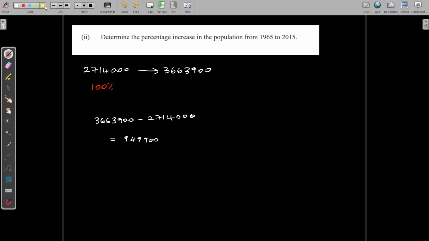Remember, this is the original population. The original population grew by 949,900 people. So we have to put 949,900 over the original population, times 100. So that's going to tell us what percentage we increased by.